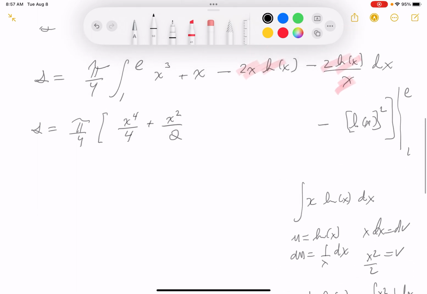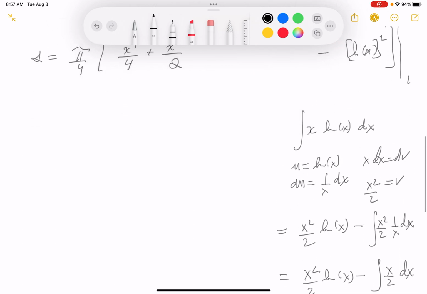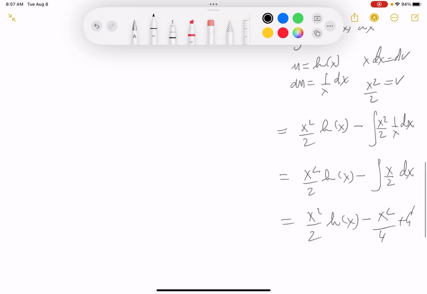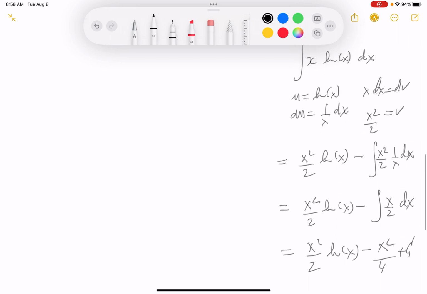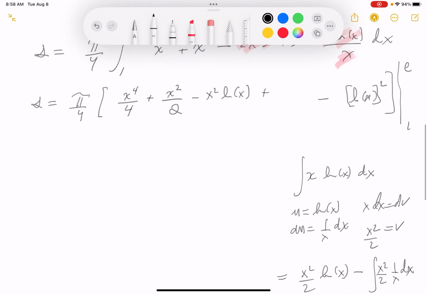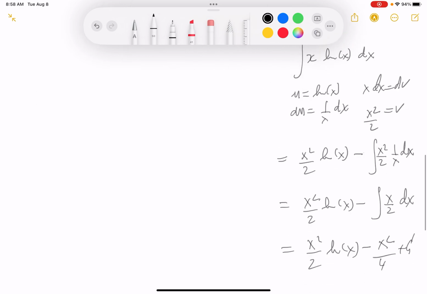And we're multiplying by minus 2, all right? So minus 2 times the first term will be minus x squared ln x. All right, so multiplied by minus 2. But minus 2 times the second term is going to be plus x squared over 2. Yep, x squared over 2.